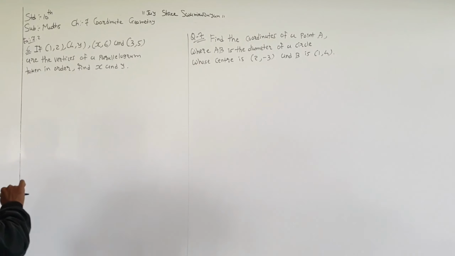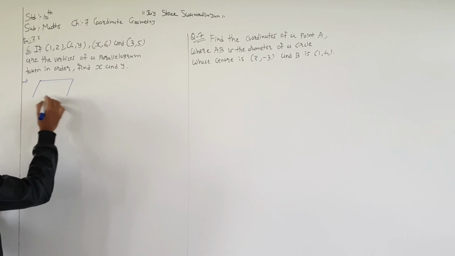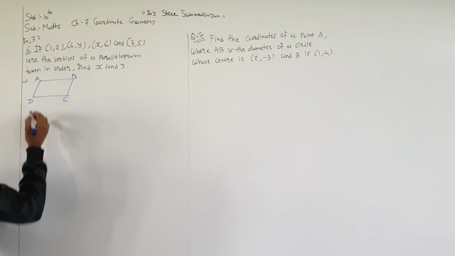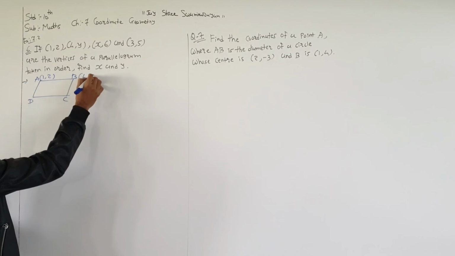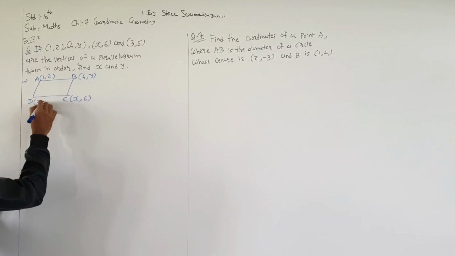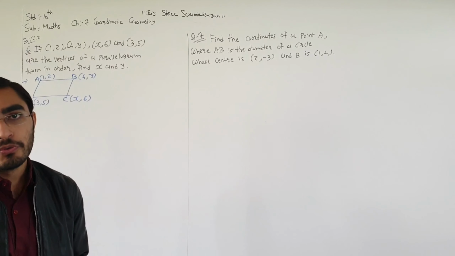So first of all, draw a parallelogram ABCD. Now A is (1, 2), B is (4, y), C is (x, 6) and D is (3, 5). We need to find the value of x and y. Here we have two ways.